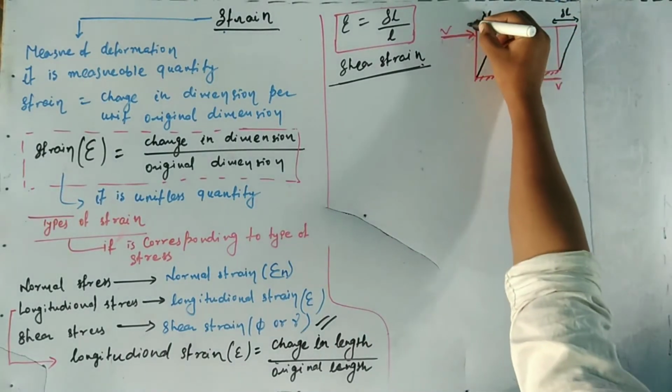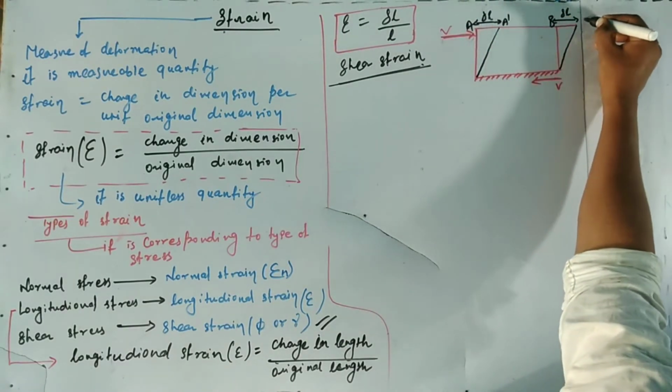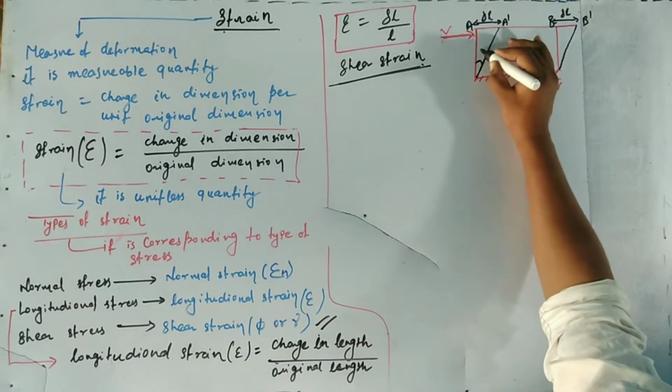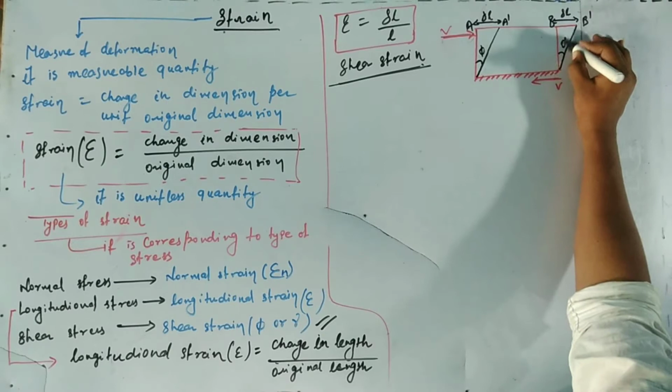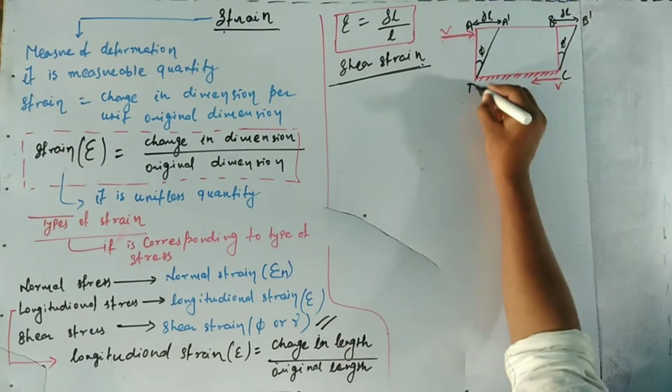This deformation will be del L. Now we name the points: the deformation is A to A dash, and here B to B dash. The angle between the deformations A to A dash and B to B dash is phi.